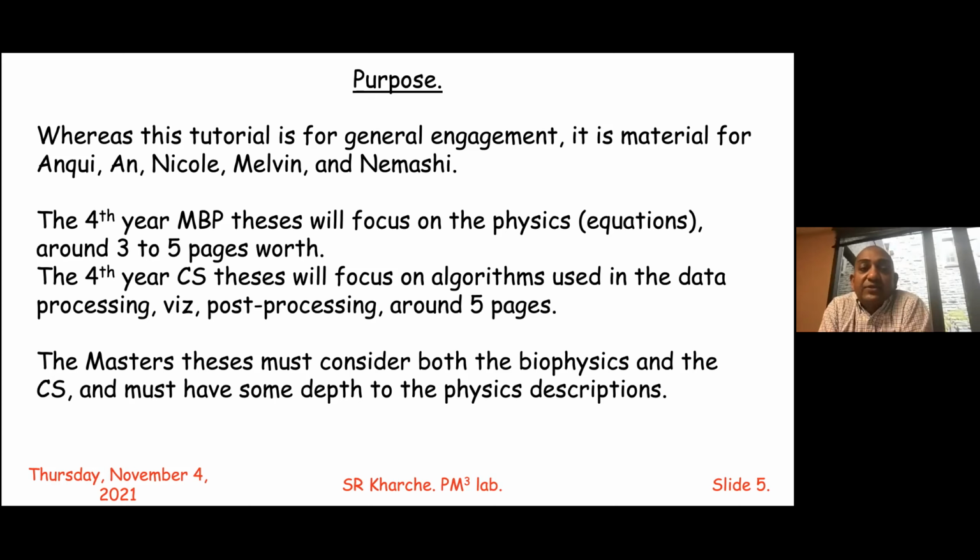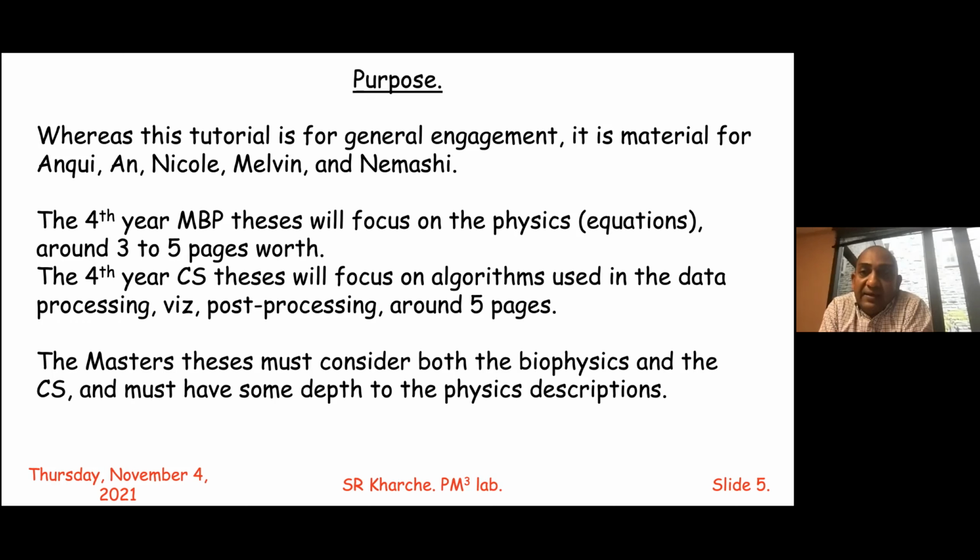The expectation is that everyone should use these slides and then some to construct content for their fourth year thesis, about 5 pages apiece. The computer science thesis should focus on the algorithms and the data processing, the visualization methods, and the post-processing, and that could easily fill a very succinct 5 pages of descriptions on how things go.